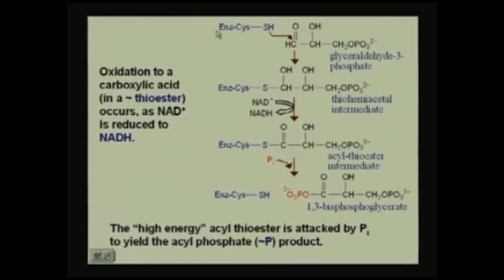So we have again enzyme cysteine with SH that is ready to act upon another glyceraldehyde 3-phosphate. Basically, from glyceraldehyde 3-phosphate, with the help of this cysteine of the enzyme, we have the formation of a thiohemiacetal intermediate that then forms an acyl thioester intermediate, which is attacked by Pi, yielding 1,3-bisphosphoglycerate and regenerating the enzyme.